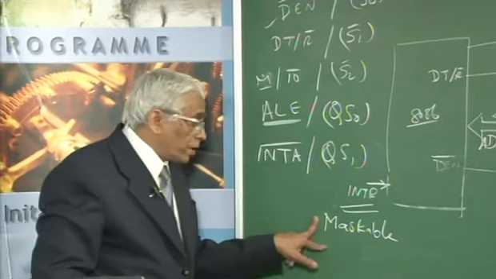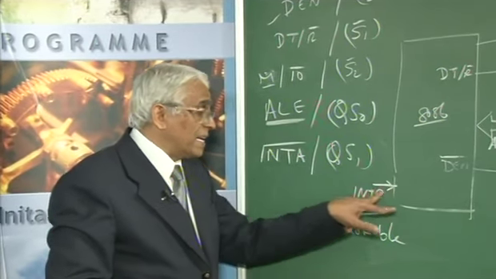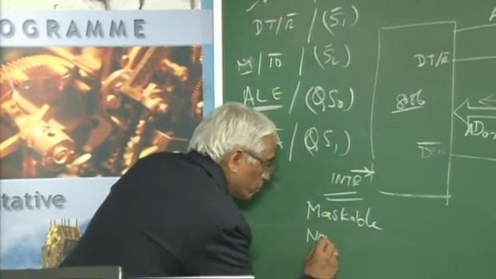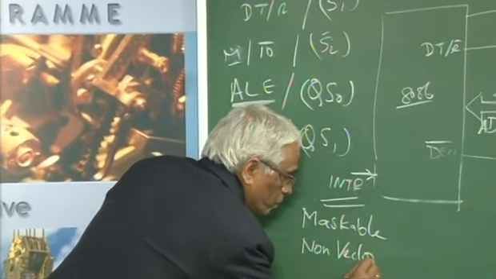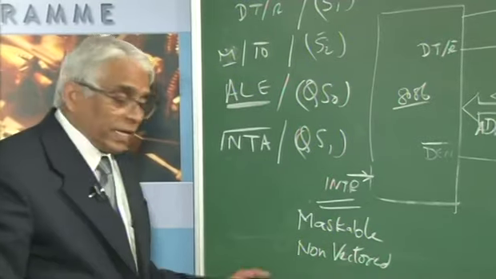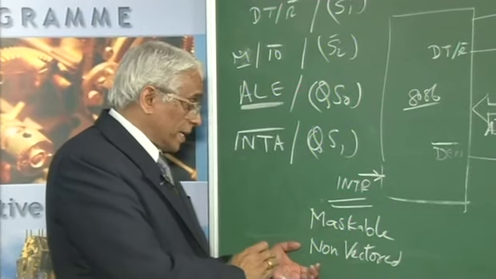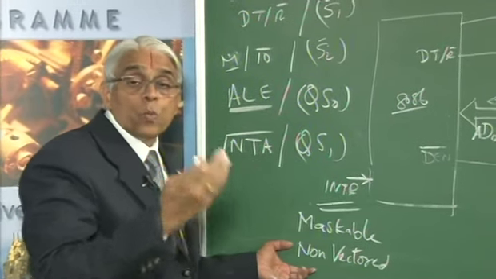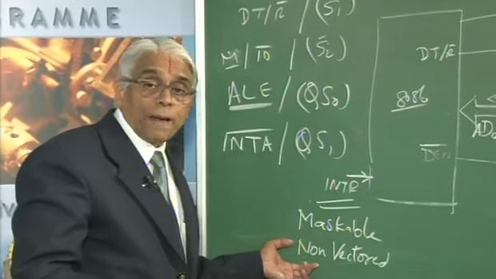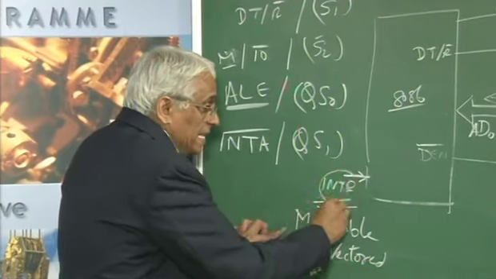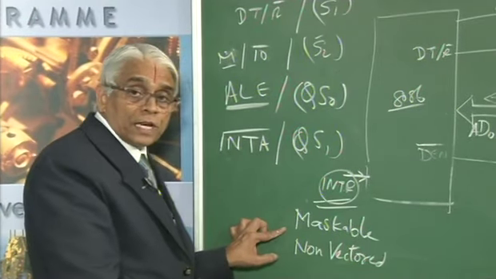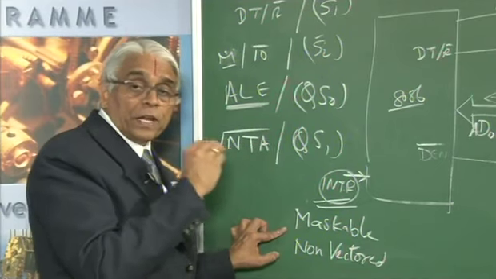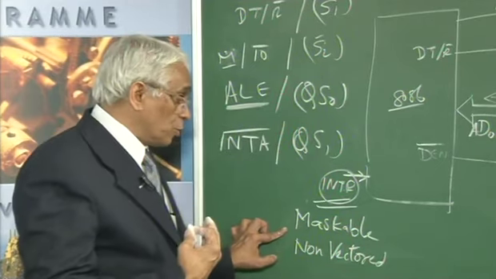The other important point to understand is that the INTR interrupt is non-vectored. It means that the microprocessor does not know where to start executing the program. So, when an INTR interrupt comes in, the microprocessor expects the interrupting device to give the address from where it has to execute.